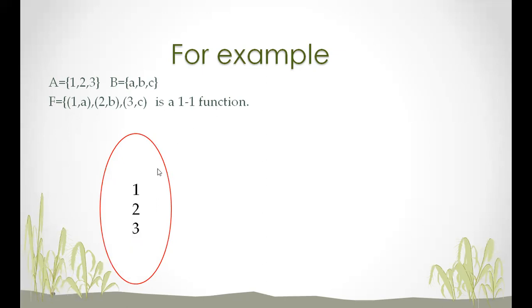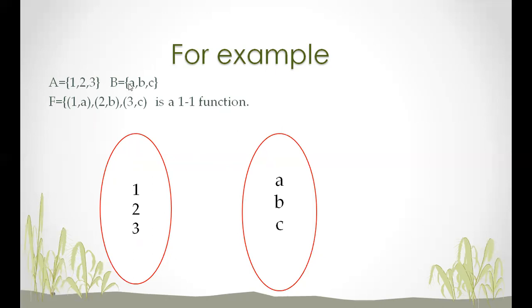And graphically, for example, we have two sets. First we name this one set A. Here it has 1, 2, 3, and here it has A, B, C. This is our A set, and this is our B set.